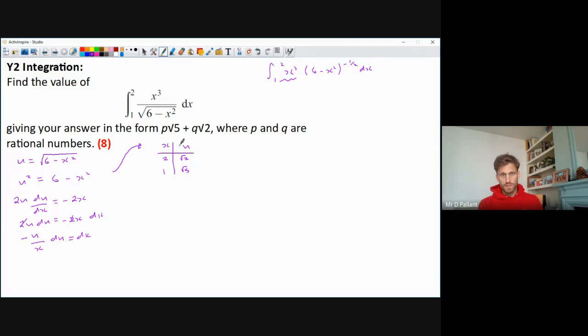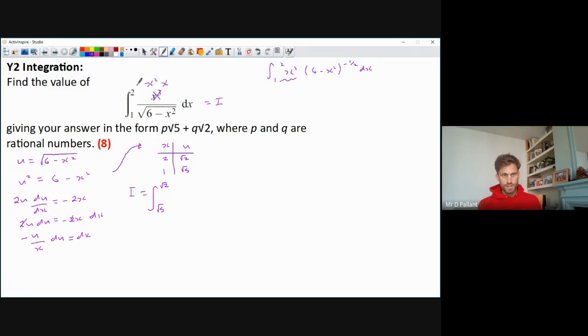So let's call this I. Right, I is, I'm going to put the u limits in. Got root 2 at the top and root 5 at the bottom. I'm going to change that top bit. I'm going to imagine the x cubed is like an x squared x. And that's because I can see that I need 1 x to cancel with that x.